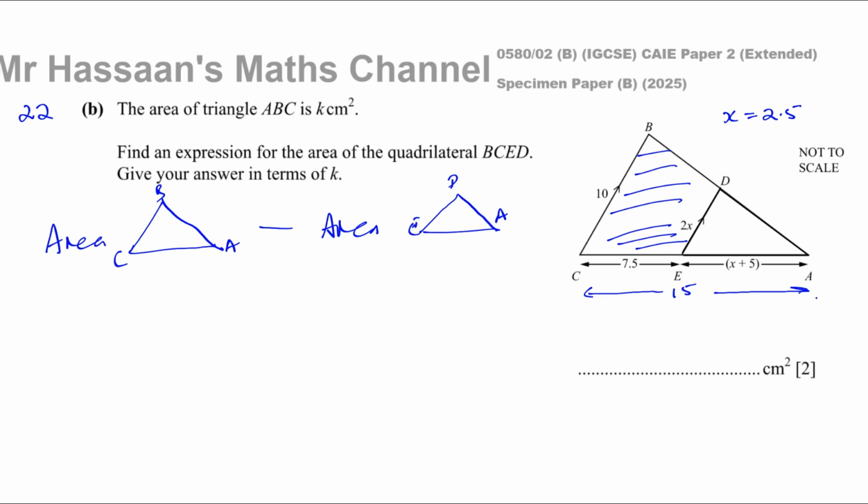If I take away the area of the small triangle from the big triangle, I'm left with the area that's shaded. Now the area of the triangle ABC, the big triangle, is K.